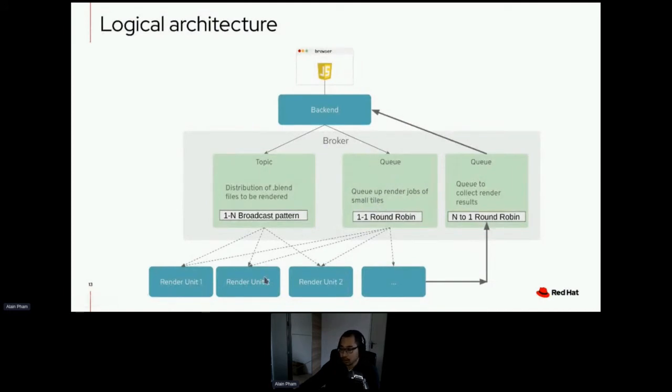And then these render engines would then consume messages from this queue and then render the different tiles one by one, but in parallel. And then the results, I would expect them to return through a queue to the component and then show up in the browser. So this is the logical architecture that I was thinking about.